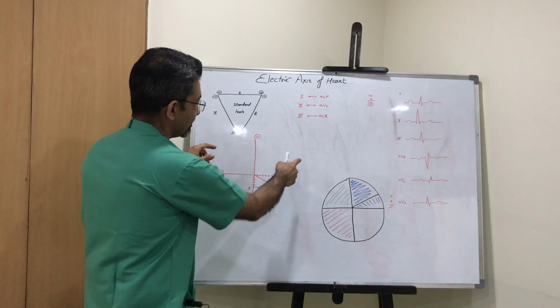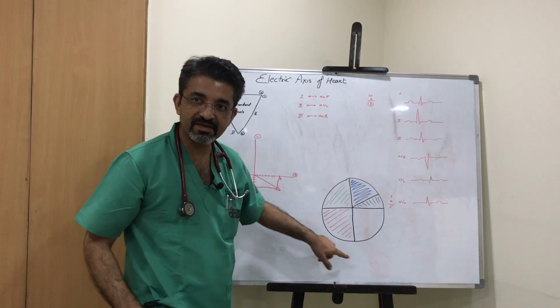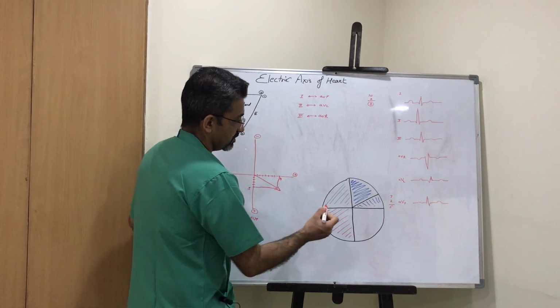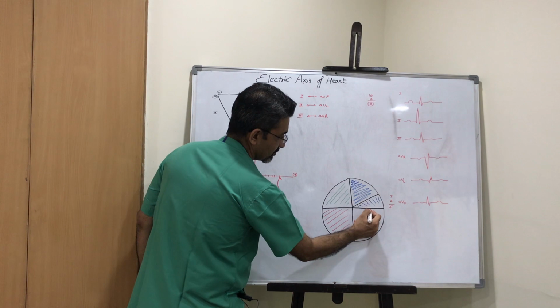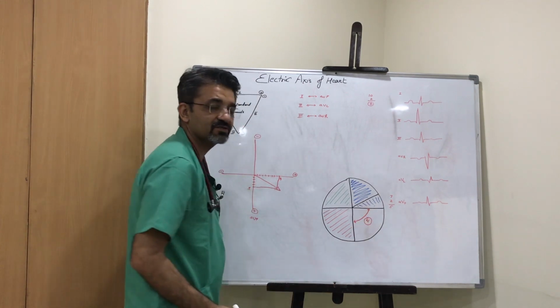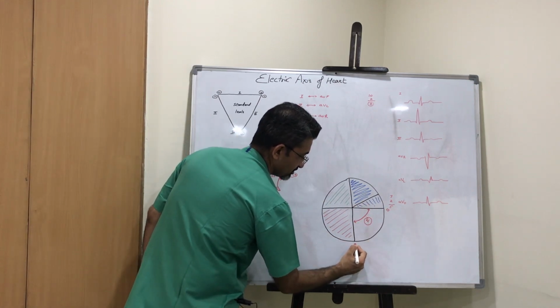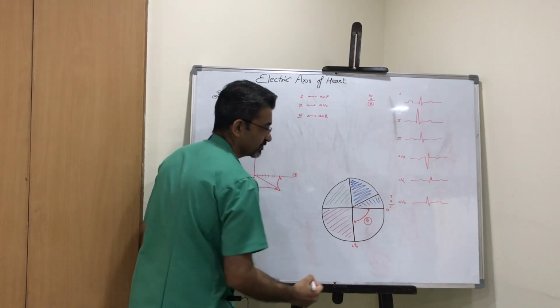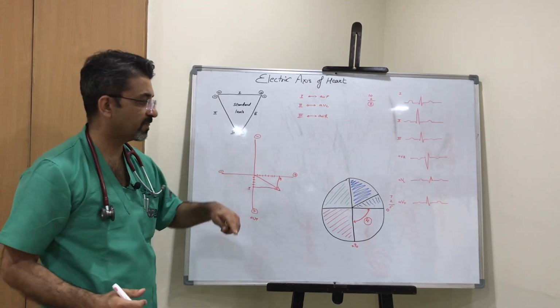Now, in my diagram, if I draw a 360-degree diagram, this 90 degree part is what you call the normal area, where my normal axis of heart is, that is 0 to 90. From 0 to plus 90 degree, my QRS axis will vary.